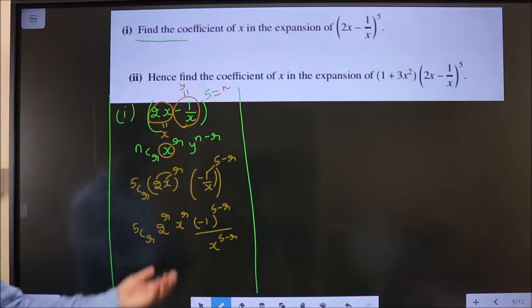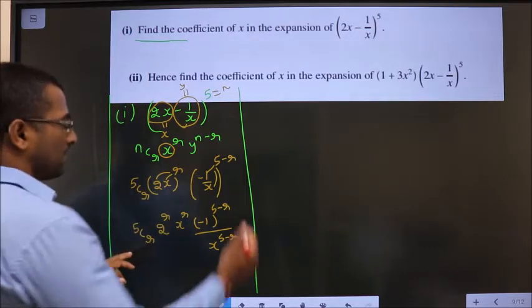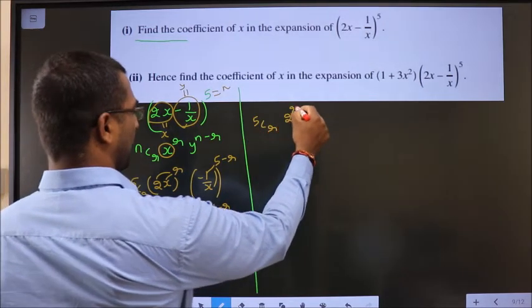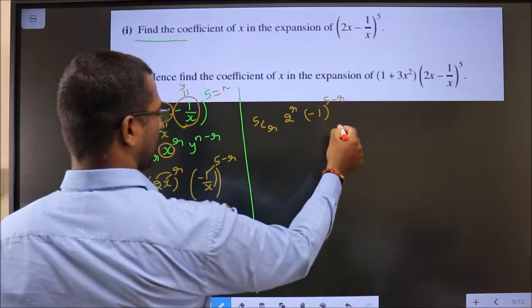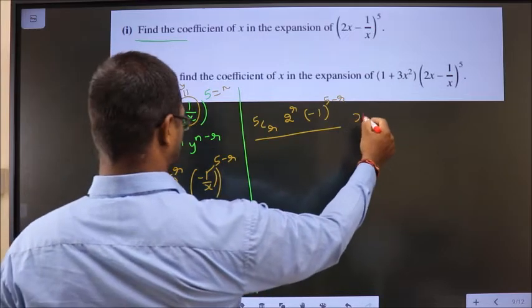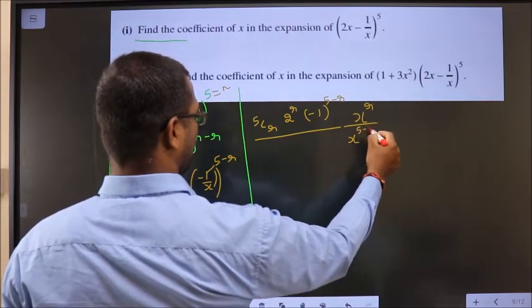Now, write all the numbers first and x at last. That is 5Cr, 2^r, I write (−1)^(5−r) first, by x^r by x^(5−r).